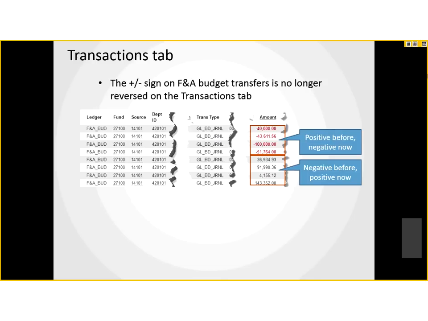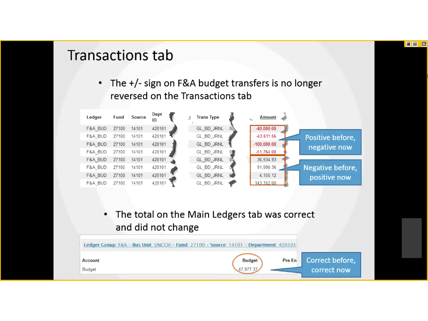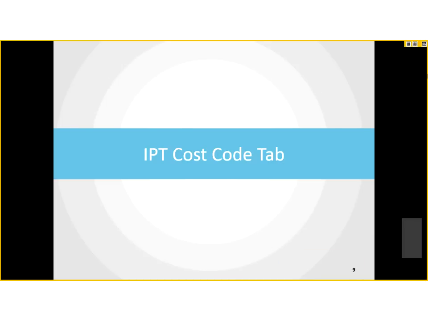Now, you may go, well, I didn't notice that, so how could that be? Well, that's because the total on the main ledgers tab was and continues to be correct. So there's different logic programmed on one tab versus on the other tab. And the logic was correct on the main ledgers tab, but was incorrect on the Transactions tab. So that has been corrected.